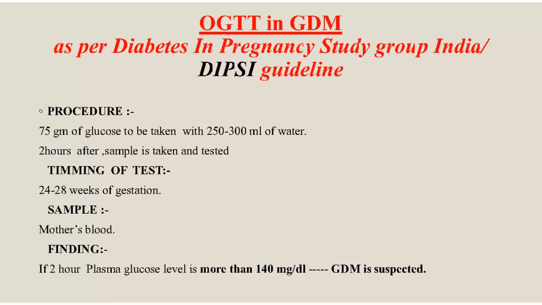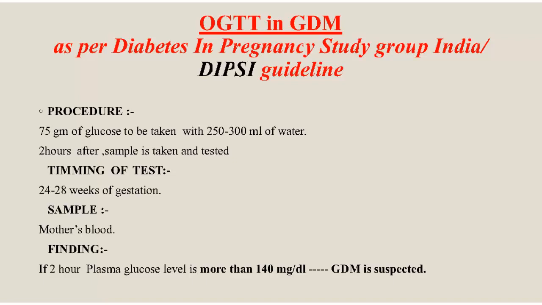Now here the procedure is 75 grams of anhydrous glucose to be taken with 250 to 300 ml of water, and 2 hours after, the sample is taken and tested. Now what is the sample? The sample is the mother's blood, and the timing of the test is 24 to 28 weeks of gestation.